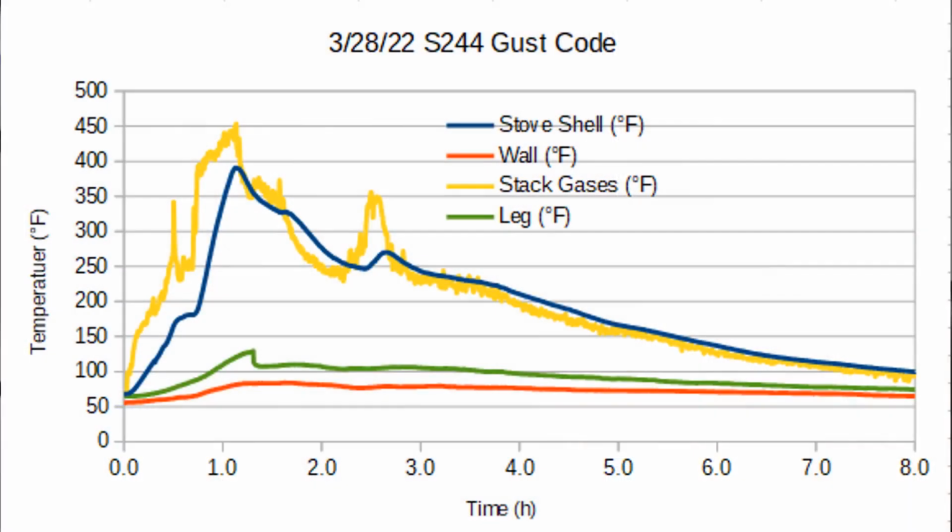This is another day's test run, and you can see clearly with the blue line where we put fuel on and how the stove responded. You can see the startup, you can see the tail.